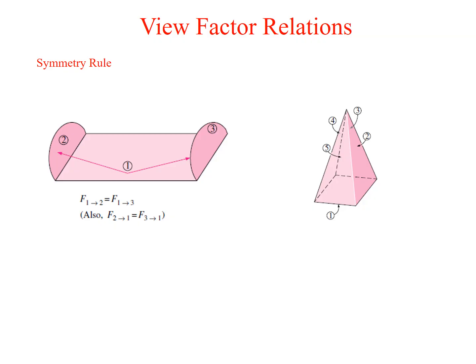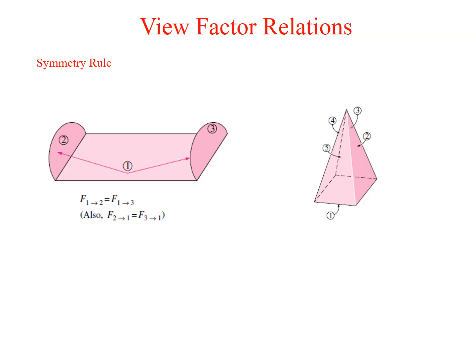On the right-hand side, we also use the benefits of symmetry, exactly like the left-hand side picture. This may look like a little bit more complicated, but it's actually not that difficult. From 1 to 2, 1 to 3, 1 to 4, and 1 to 5, we should have the same view factors. So a lot that I know from this figure, I already know that F11 is equal to 0.